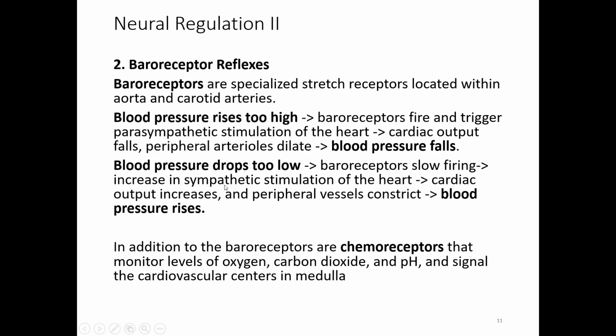That causes increase in sympathetic stimulation of the heart, and cardiac output increases, and peripheral vessels constrict, blood pressure rises. In addition to the baroreceptors, there are also chemoreceptors that monitor levels of oxygen, carbon dioxide, pH, and they can stimulate those cardiovascular centers in medulla, which will change blood pressure also.